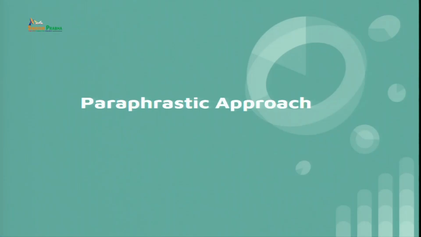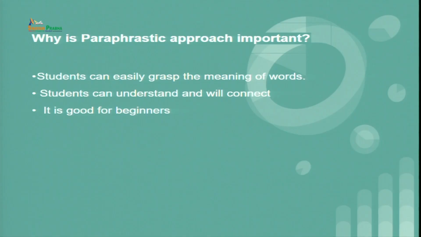Now going on to the next slide, we will try to analyze what the paraphrastic approach is and what it brings into the English language classroom. The paraphrastic approach is important in a way that it helps novice learners build the language component in their daily life. Why?